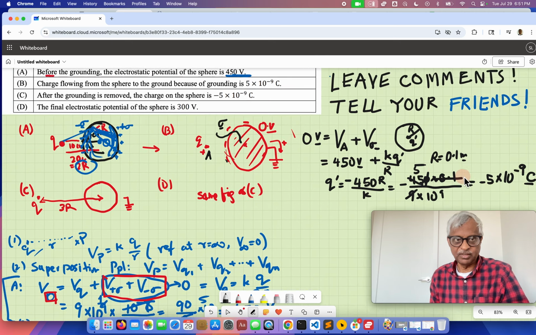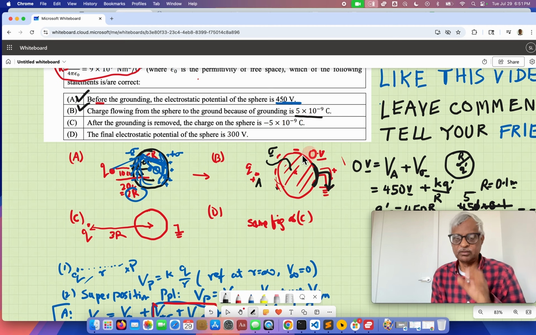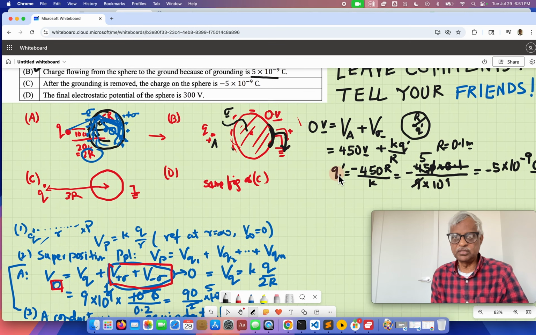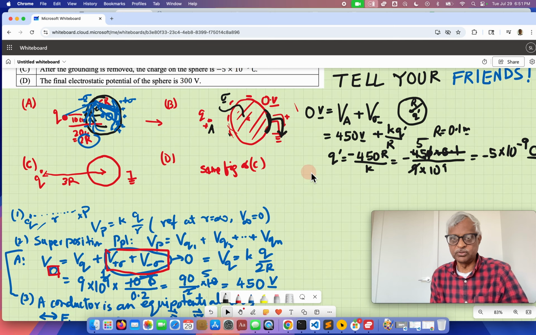Let's see if that's what they have, charge flowing. What's left over here is the one whose pair flowed down here, the sigma plus over here. So it should be from the sphere to ground. Okay, this is correct. That much charge is the charge that stays, so its partner flows.